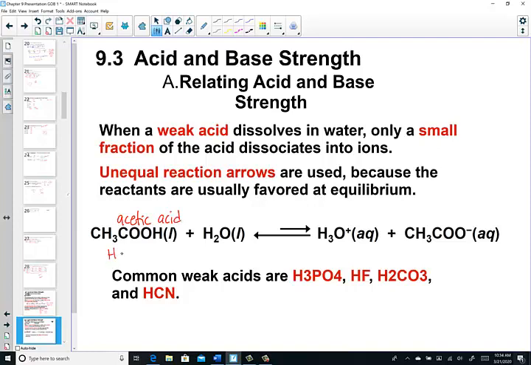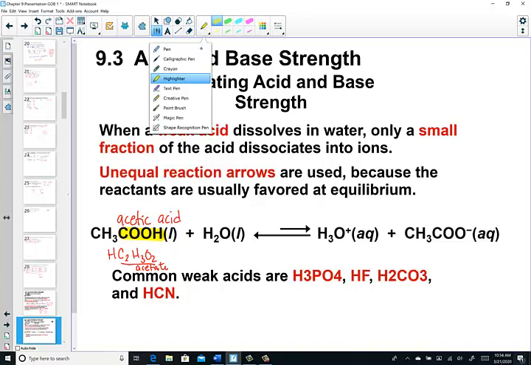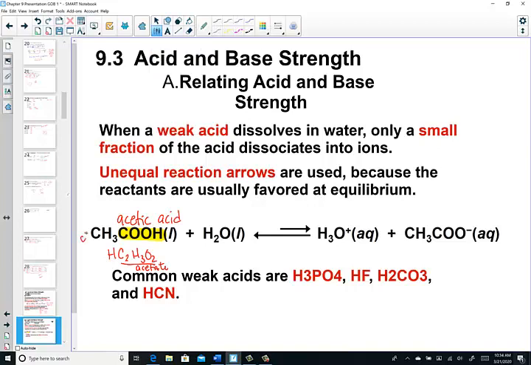Now you may see acetic acid written as HC2H3O2. Hydrogen acetate. You see this acetate, ate turned to ic, and we called it acetic acid. I also asked you to know that when you see this COOH, that you recognize that as the carboxylic acid functional group of organic chemistry.